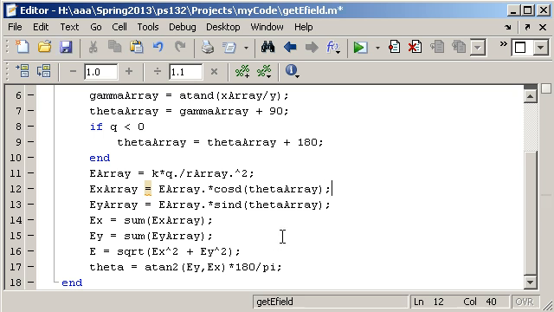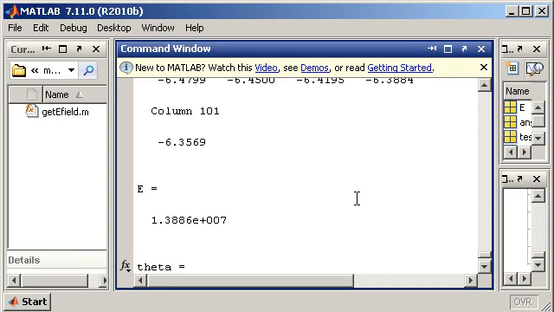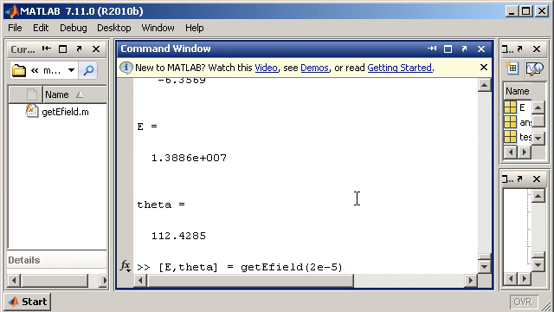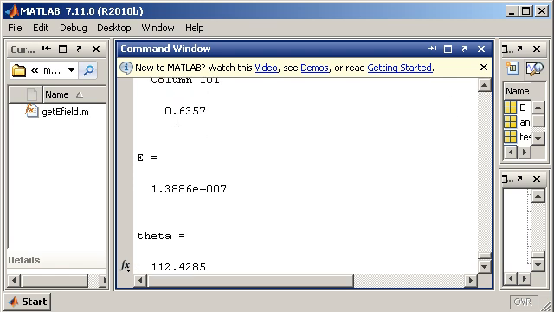Let's make sure this one's good as well. I mean, if I left off a D or something, for instance, I would be checking that. So I'll save that. Run it. And this time I got a positive 0.6357.